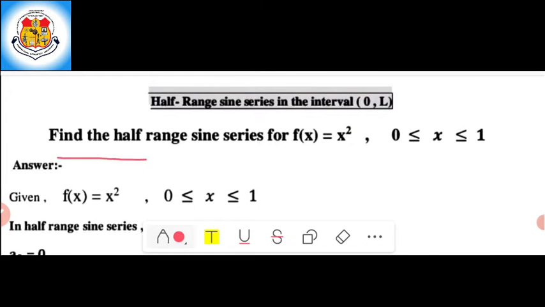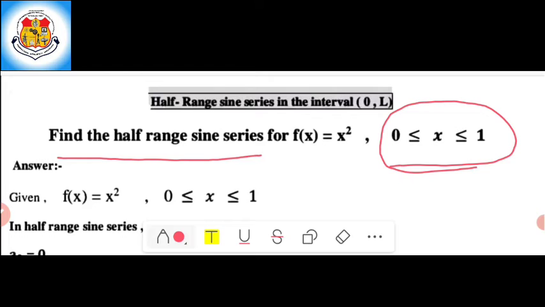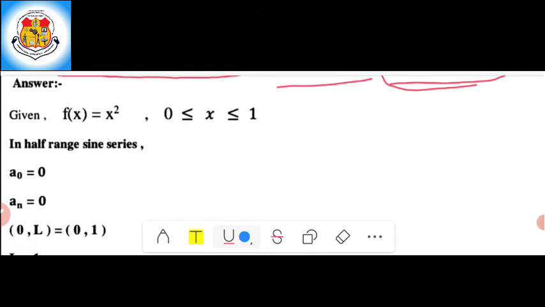Next, here also we find the half-range sine series, but for an arbitrary interval, that is, an interval of the form 0 to L. The function given is f(x) = x², and the interval is 0 to 1.